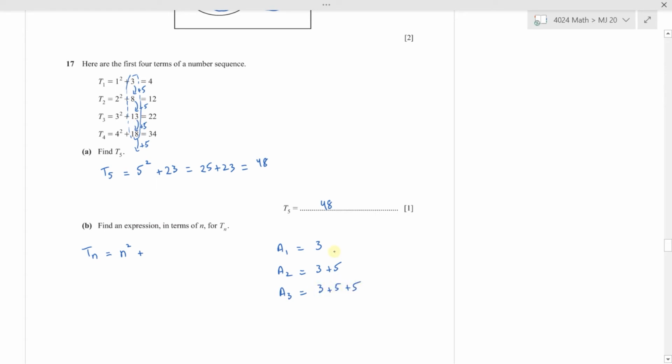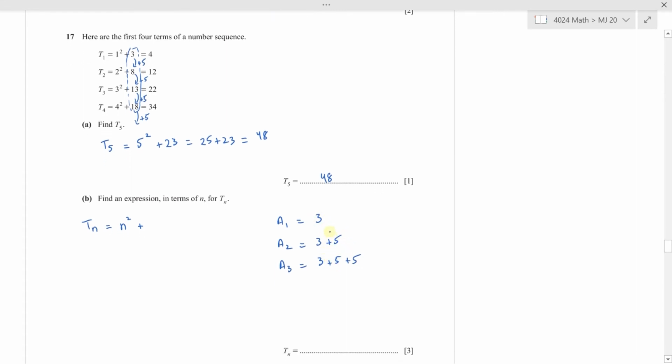This is a sequence that you have studied, where you have a constant difference between each term. Each term has a difference of 5. Each time you add 5 to get the next term. So for this, your nth term will be, you can use the formula a plus n minus 1 into d, where a is your first term in the sequence.